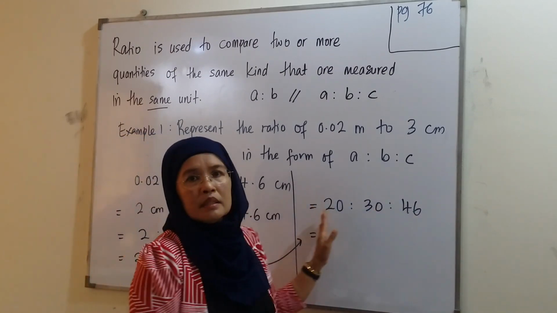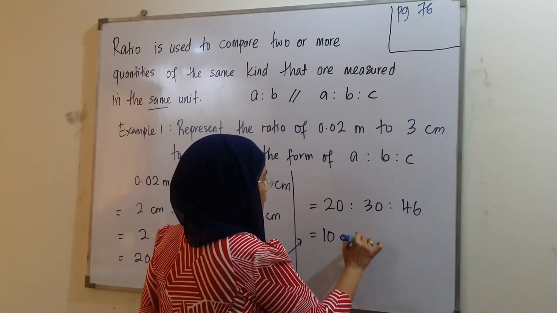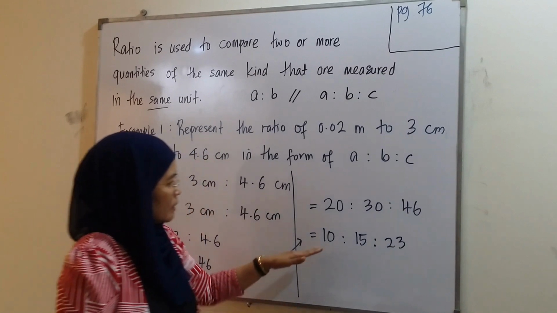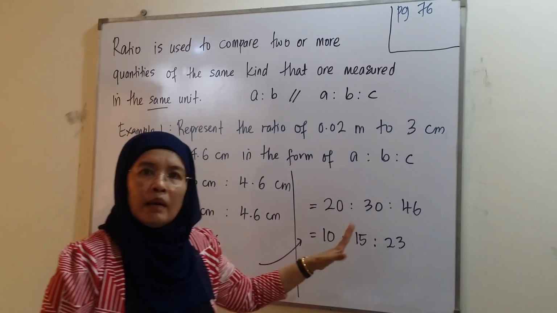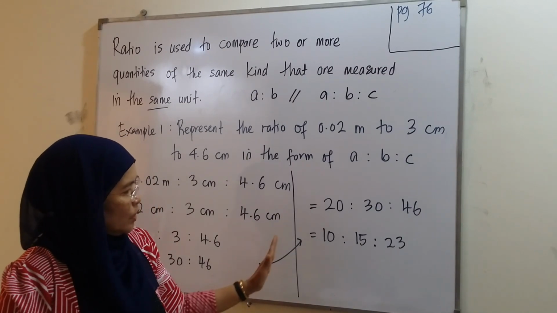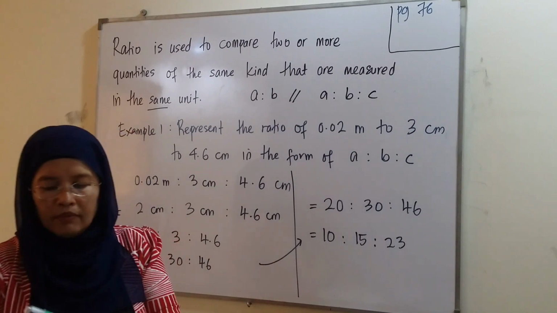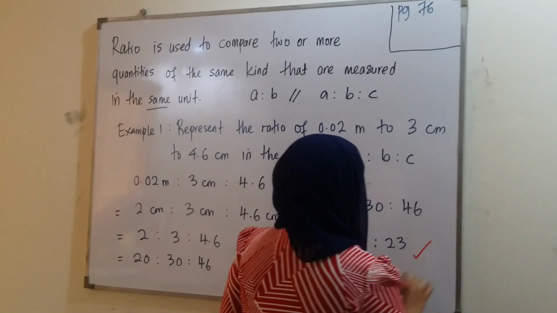I divide by 2 first. 20 divided by 2 is 10. 30 divided by 2 is 15. 46 divided by 2 is 23. Can you divide by any more numbers? No. So you keep this as the final answer.